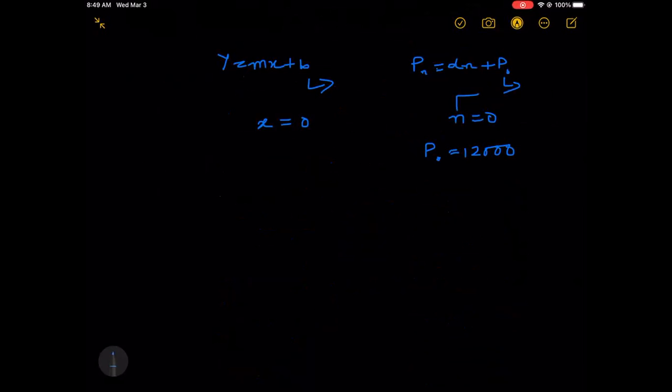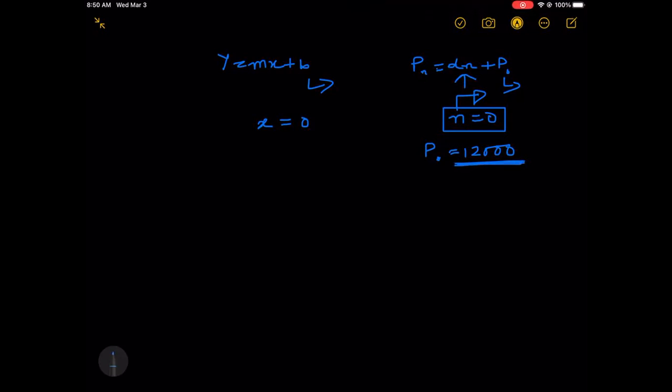Since this n was the time duration given in years, n equals 0 means this is the first year's population, the population we started with. And you can clearly see the starting population was 12,000. So even though we didn't really plug in and calculate anything, we can see it from the given information. So P naught is 12,000.